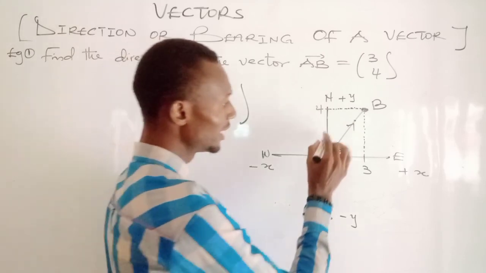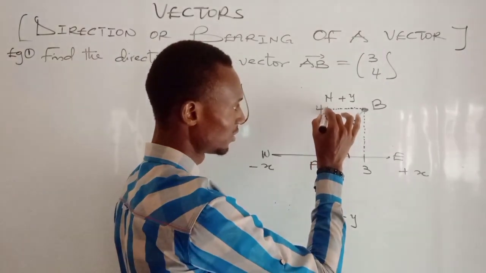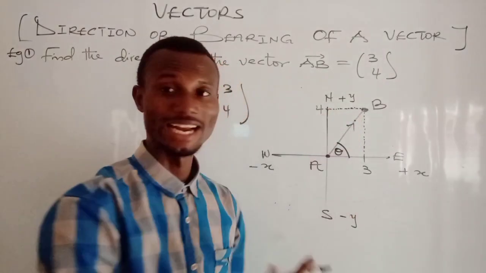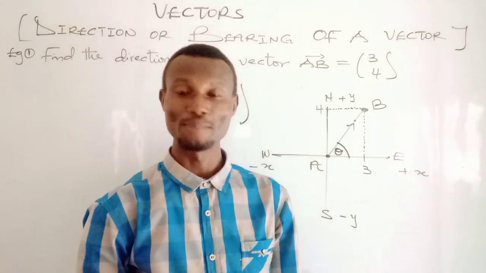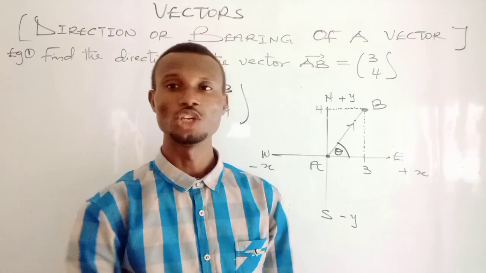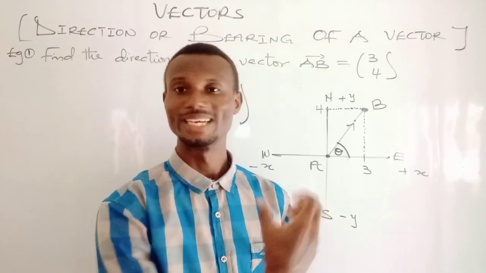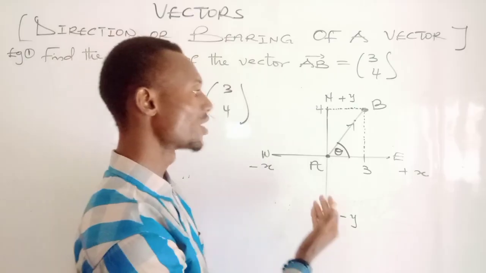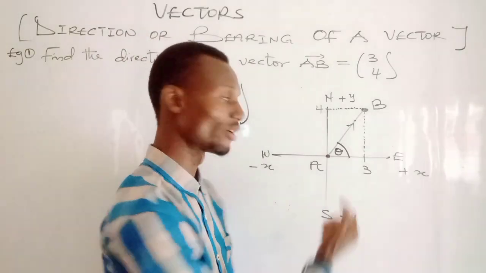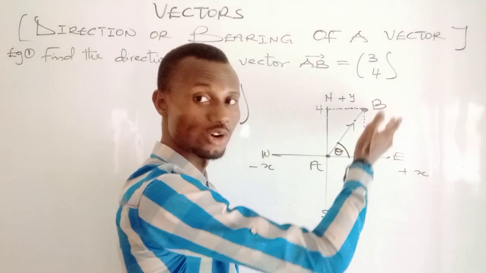Now, this is the north. And I've explained that anytime you want to get the bearing of anything, you start reading from where? From the north, in the clockwise direction. So we want the direction or the bearing of the vector AB, which we've drawn here.